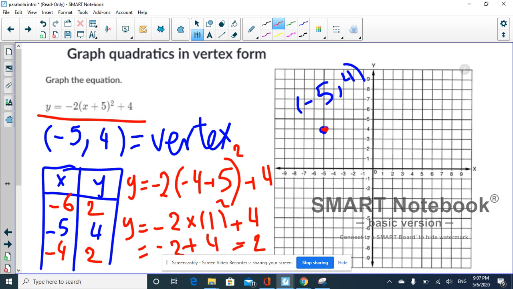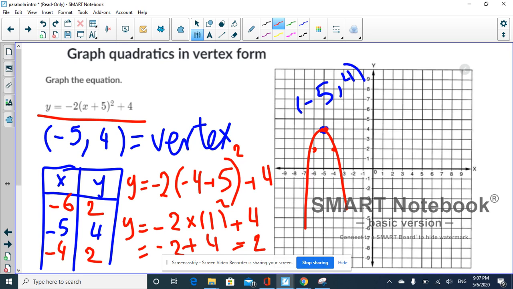So if we have points that are the same distance from the vertex, the value of the function will be equal. -6 goes to 2, and -4 goes to 2. They are the same because the axis of symmetry will pass through the vertex. Sorry, I will try to graph it again.